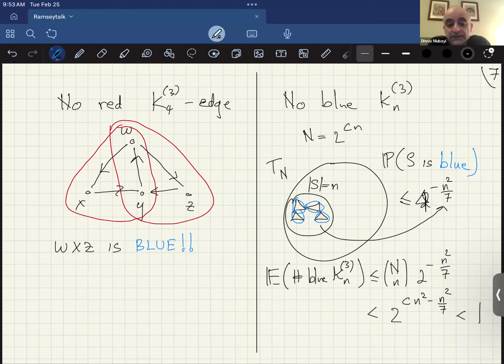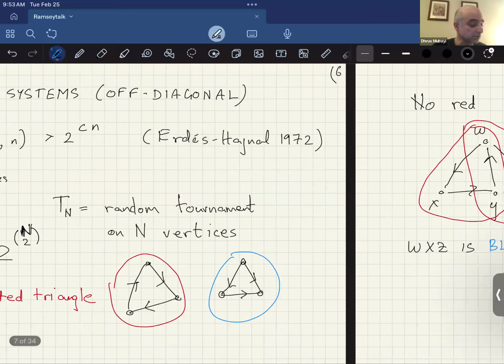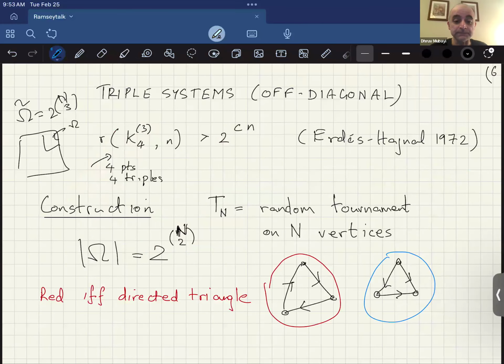And so the expected number of these blue cliques is, by a simple union bound, less than 1. So with positive probability, there is no blue clique of size logarithmic in capital N, and there's no red K4, which is exactly what you need to prove this bound.